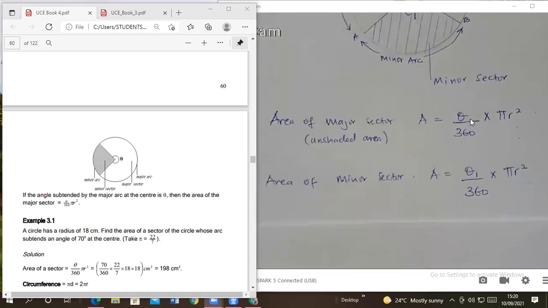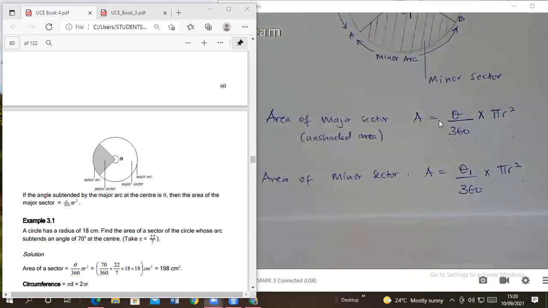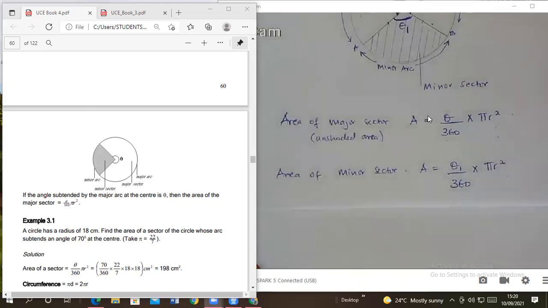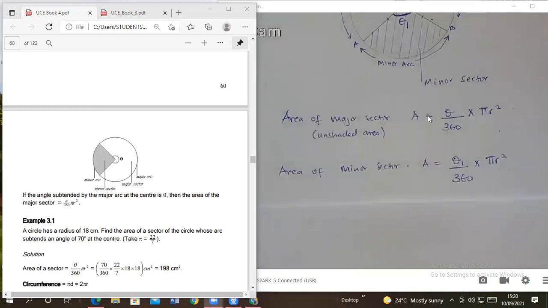They are giving us a question there, and what are they saying? There is a circle which has radius r of 18 centimeters. They are telling you to find the area of the sector of the circle whose arc subtends an angle of 70 degrees at the center.